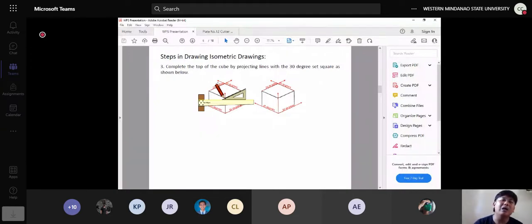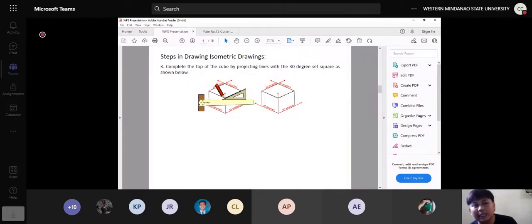Pag kinumpare natin yung isometric natin, for example, we have a top or a front view which is presented in XY axis or XY plane. So pag i-compare na natin yung front view na yon doon sa isometric drawing niya, parang iba, no? Parang mas mahaba siya kumpara doon sa mismong presented in XY plane.